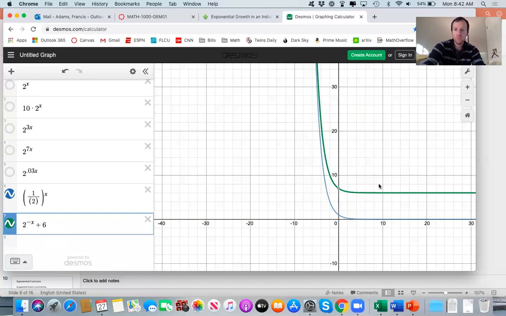And that moves your graph up. So this blue graph, you have something decaying and it's getting closer and closer to 0. Well, maybe you don't want something to decay to 0, but you want to say it's shrinking and it's getting close to some other value. Well, that's what can happen here. This graph keeps decreasing and it's getting closer and closer to 6.